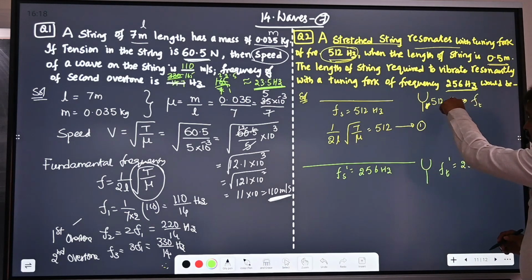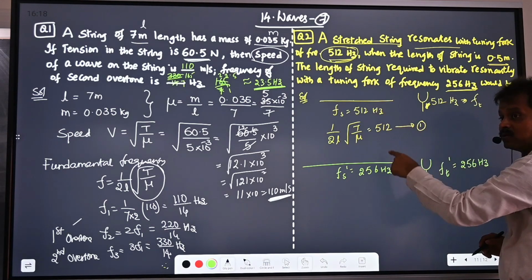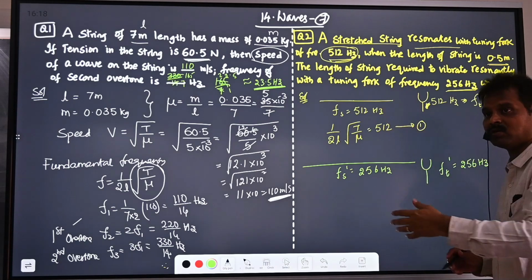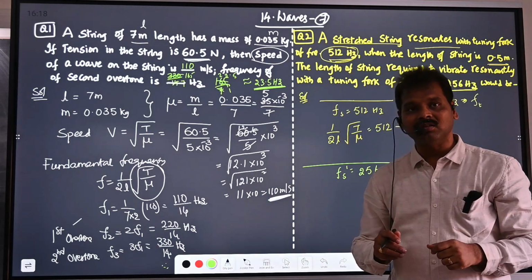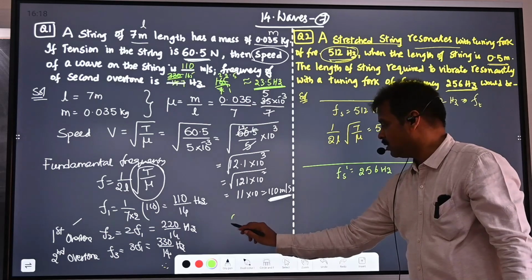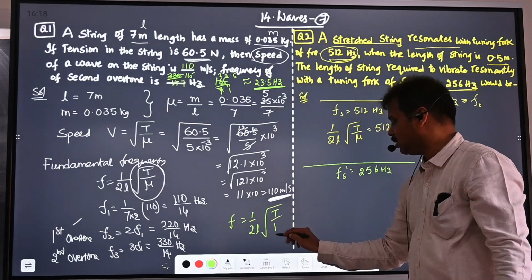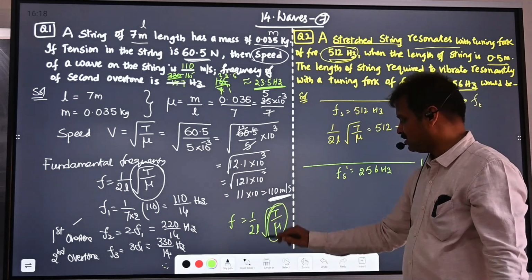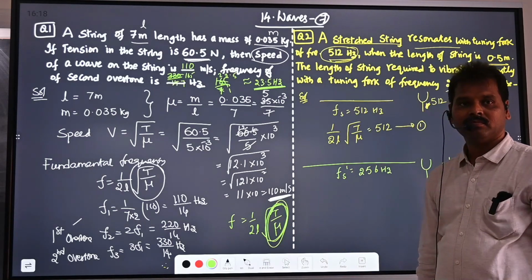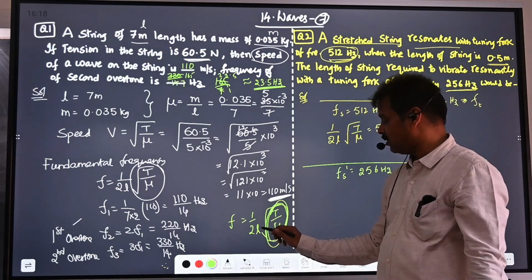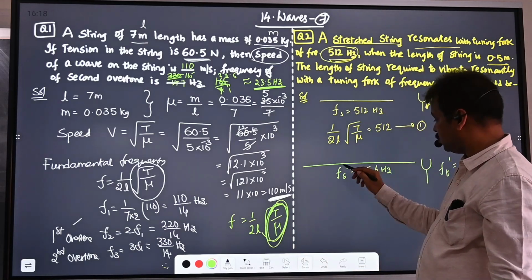When the frequency reduces, does length increase or decrease? We know this formula, F is equal to 1 by 2L root T by mu. I am not changing T and mu in this problem. I am changing only the length.